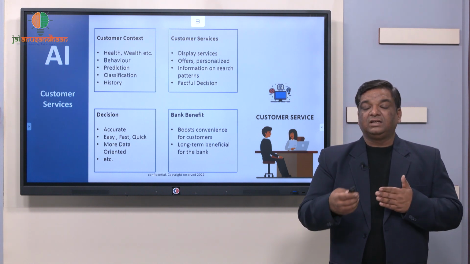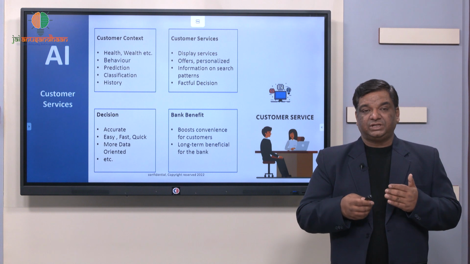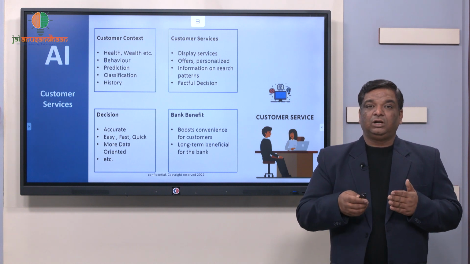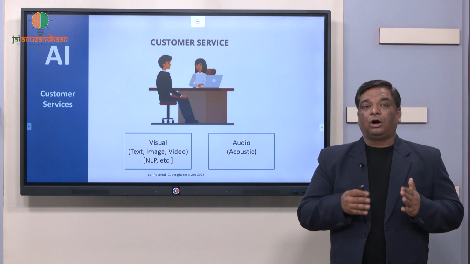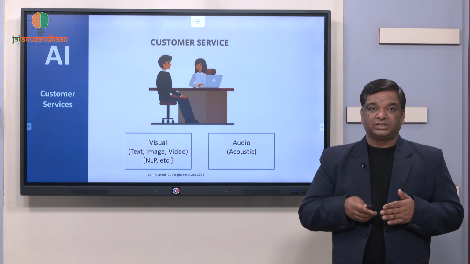Because if the bank targets the right information at the right time, it will be a long-term association. This is how customer service can be considered across text, image, and so on. For example, text can be an SMS or a message, verbal can be the audio or acoustic form, and visual could be an image or video. This is how it works in the customer experience.